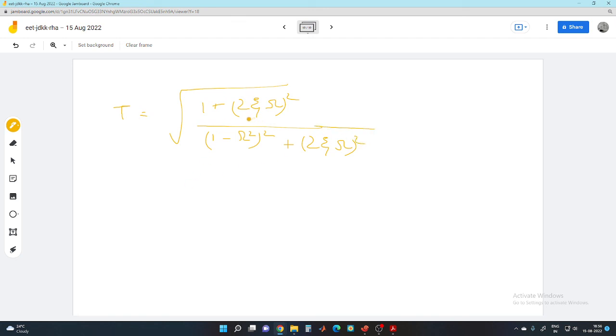So, if damping is tending to infinite, what will happen is 1 by 2 xi omega whole square plus 1 upon 1 minus omega square by 2 xi omega whole square plus 1. Now xi is tending to infinite.